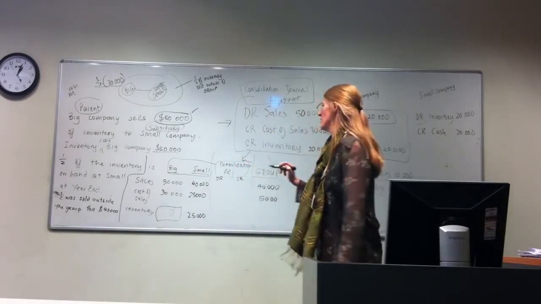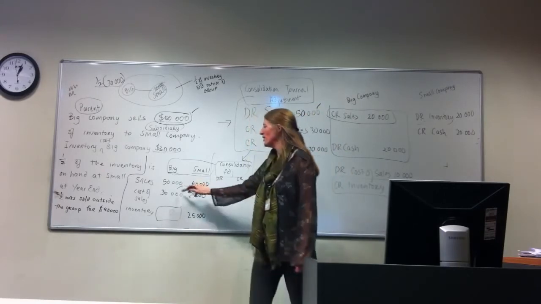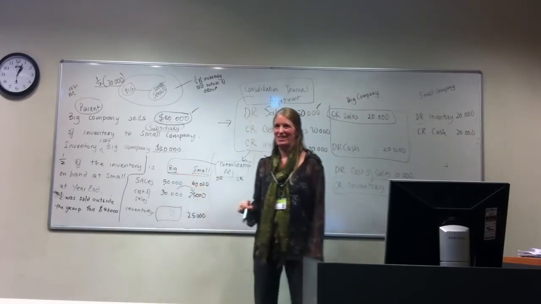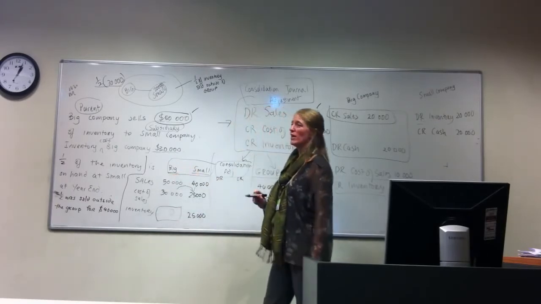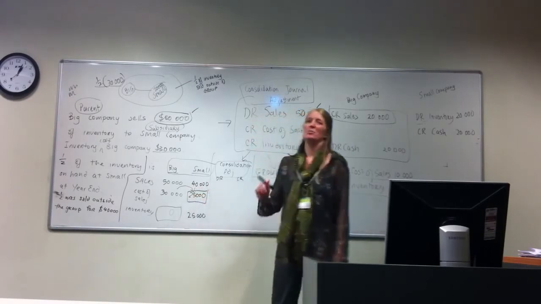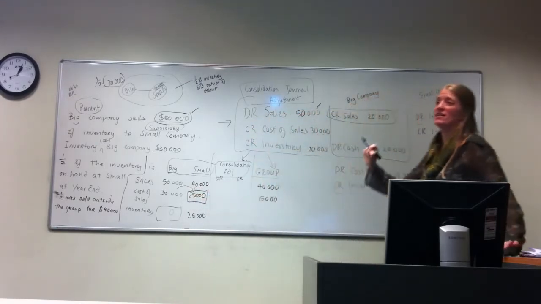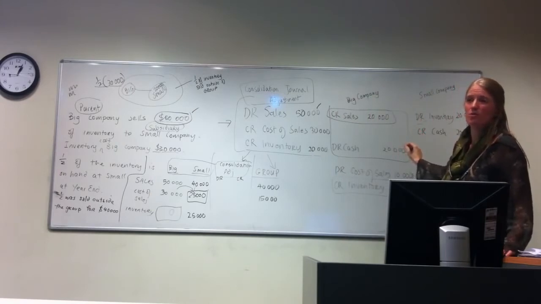Just remember when that sale took place, it was to Small. So we're not recognizing that at all, are we? Just like we're not recognizing that. What are we recognizing here? We're recognizing this sale because that sale took place to a company external to the group.